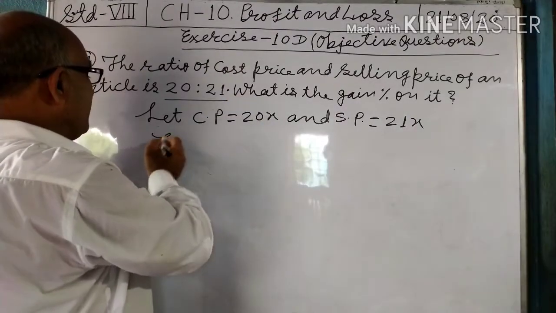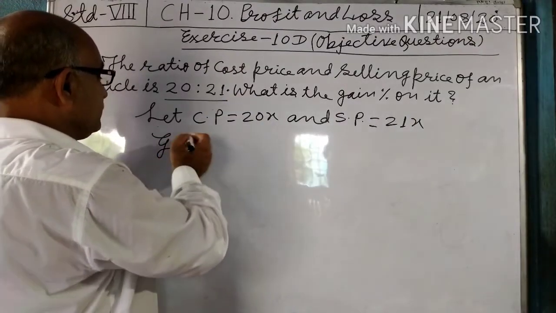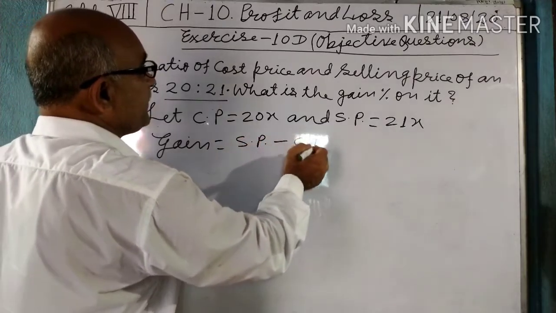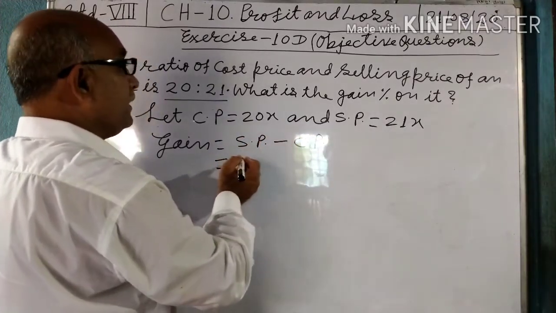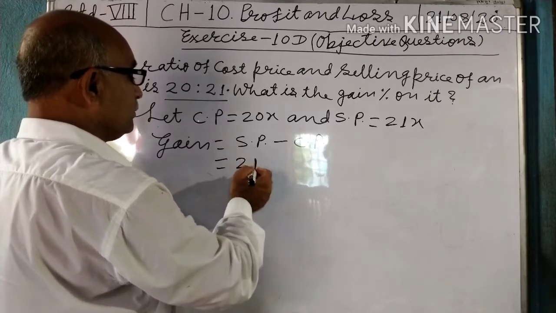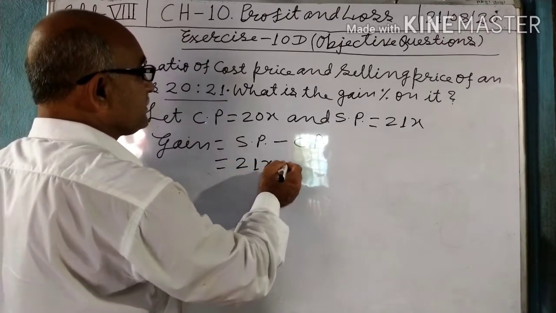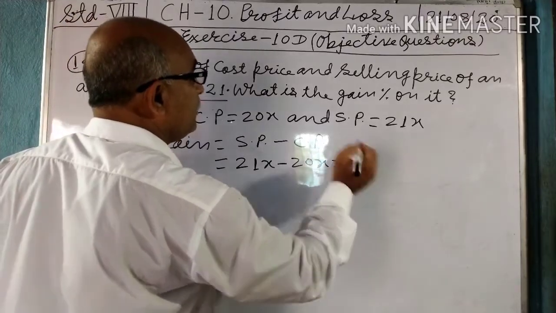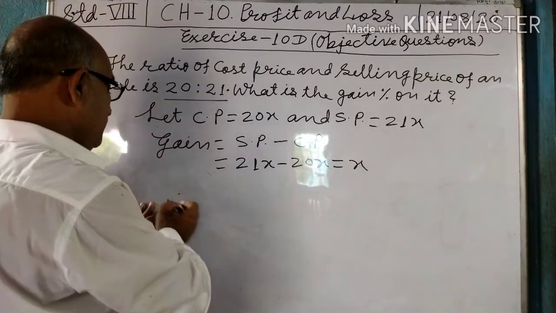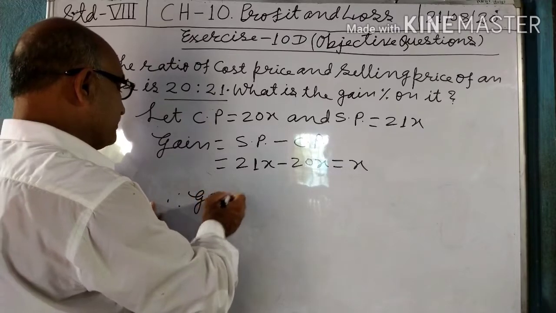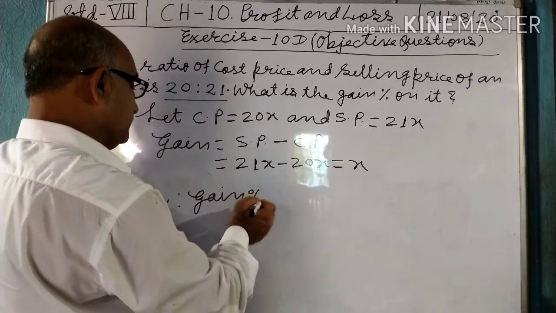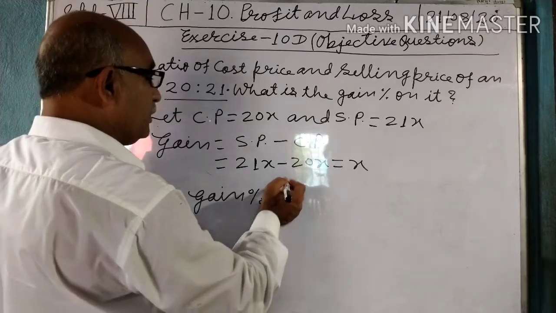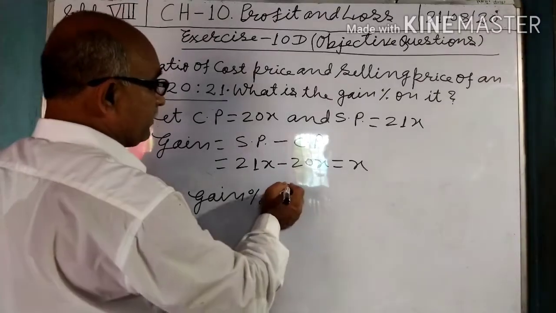So what is the gain percent? Gain equal to SP minus CP equal to 21x minus 20x equal to x. Now therefore gain percent equal to gain into 100 by CP.